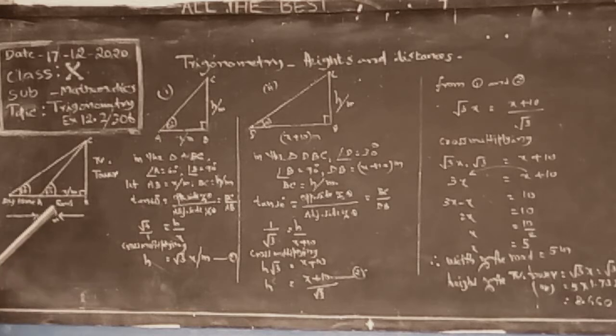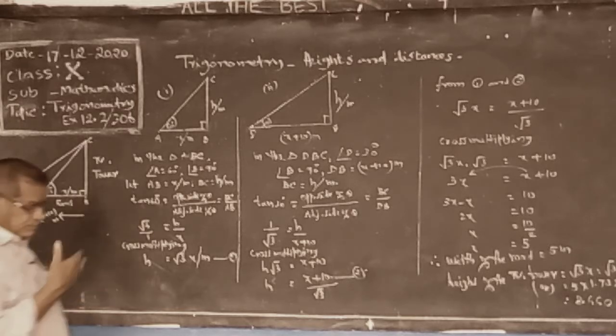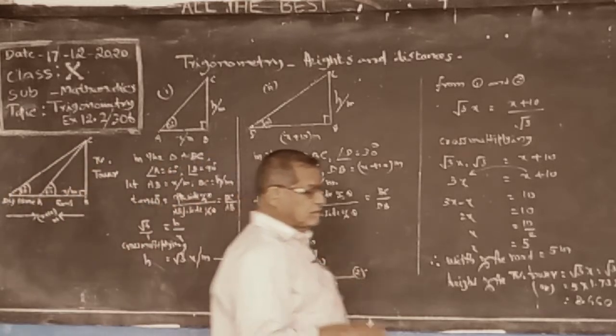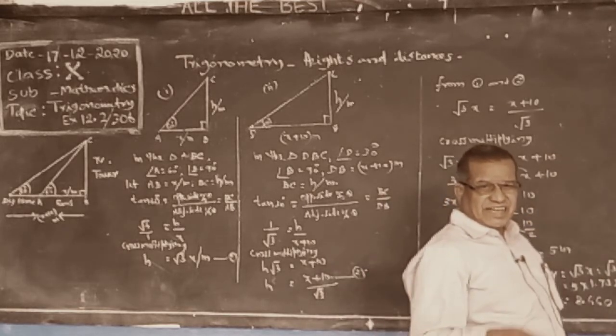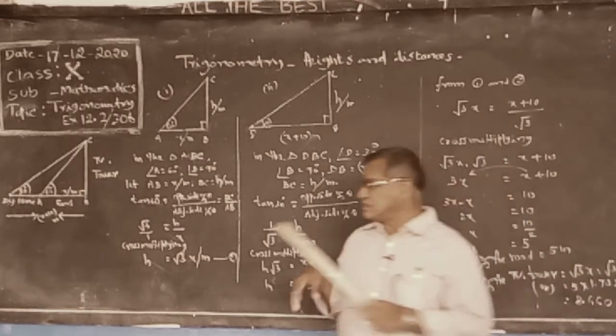You observe the angles. First of all, at A it is 60 degrees. It means near to the TV tower. Going back and back, the angle of elevation decreases; coming towards the pillar, towards the TV tower, the angle increases. You observe these two things.